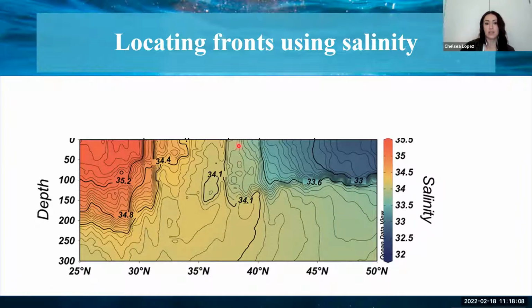And so you can see in certain areas where these collect. So if you have abrupt changes in salinity, it would look like this. And you can see there's quite a few here in this section. And then some of them reach deeper depths. Some of them, you know, cut off here. So they're all a little different. So this is how you would identify it.